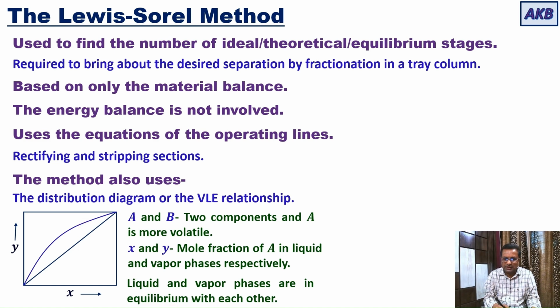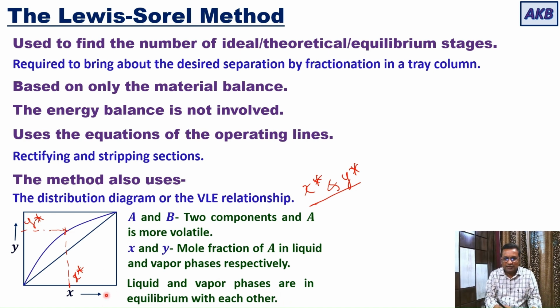So if you choose any point on the curve, the coordinates of this point, for example the x coordinate, let us say x star, and the y coordinate, let us say y star, are in equilibrium with each other. In short, in simple words, this is a plot of equilibrium concentrations.